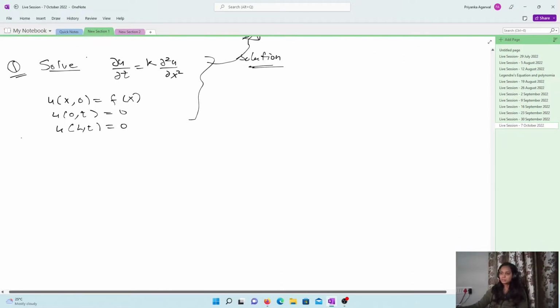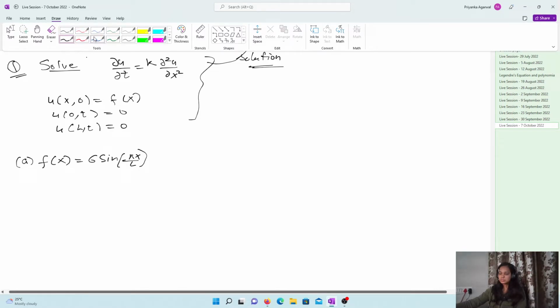Okay. Now we have to solve it for different values of f(x). So for the case when f(x) is equal to 6 sin(pi x by L), let's solve and see. So now in this case, let's see how to write the solution.